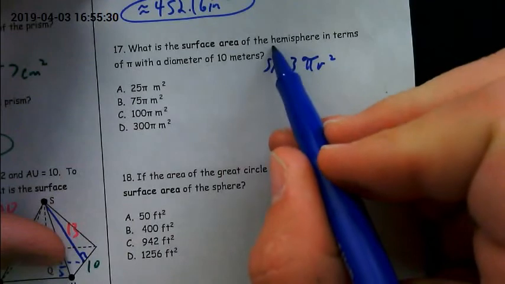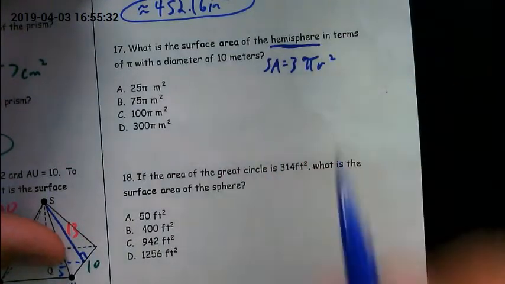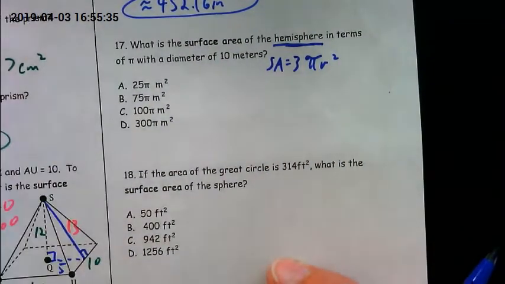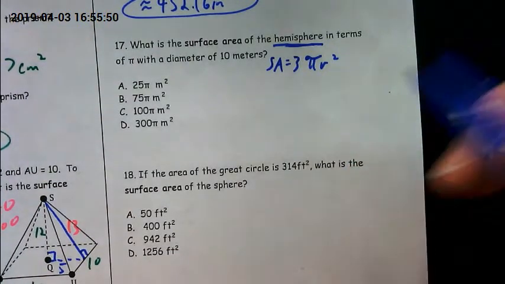For a sphere it's 4. This is half, but now you have to remember, when we do a hemisphere, it's not exactly half of the sphere for surface area because you have half of the area, but then you add the base, which is another circle, so you have to add one more circle back. So it's 3 pi r squared.